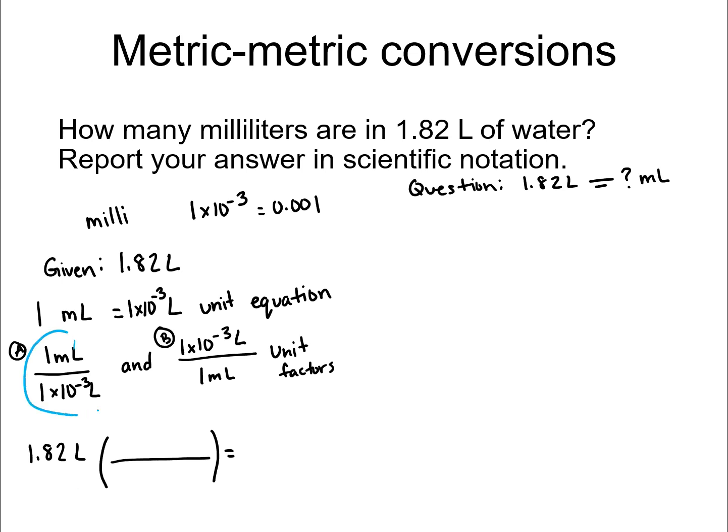That means I need A. Because watch. Liters, you need 1 on the top and 1 on the bottom to cancel. Does everybody see that?